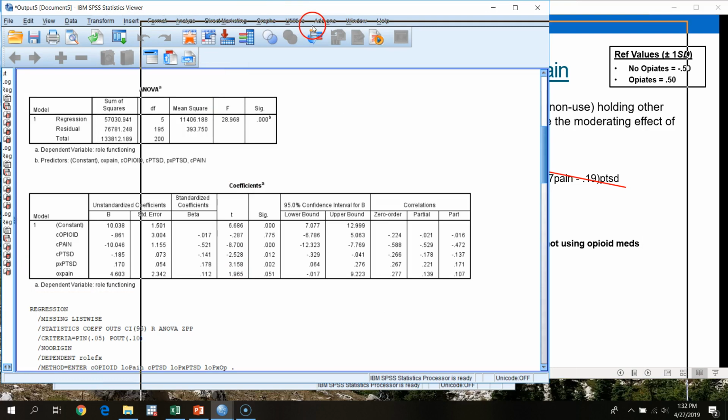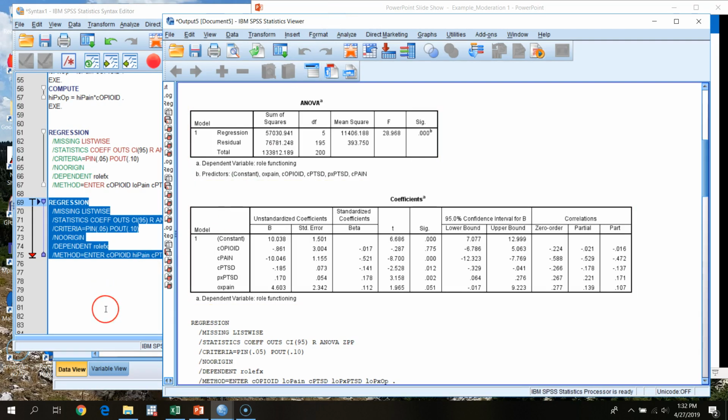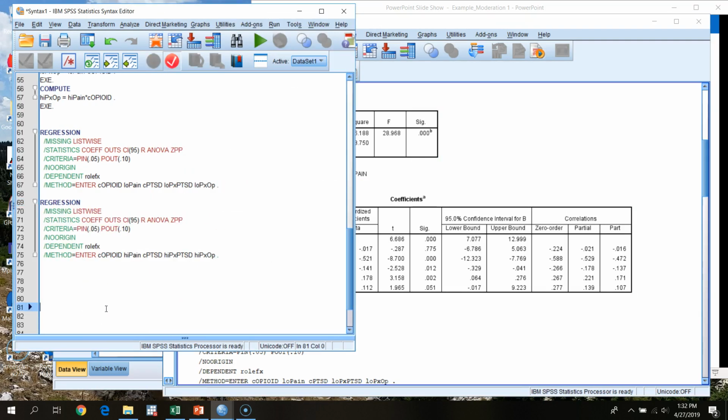Okay, so what we can do is go through, and this is going to be a little bit different, because what we want to do is measure the unique effect of pain on role functioning for people who are and who aren't using opiates. Okay, so what I'm going to do, well, here, let's do this.